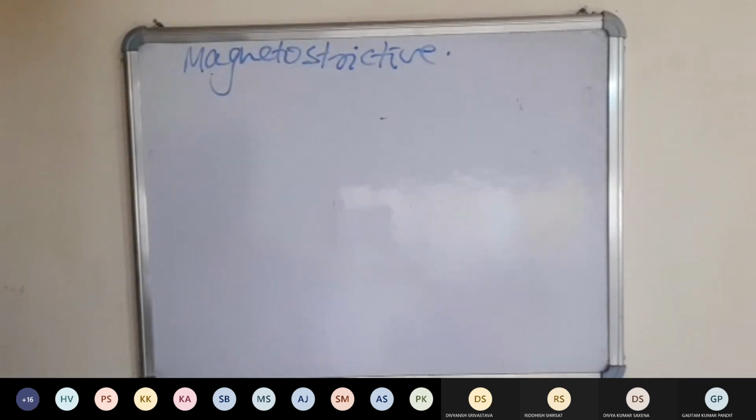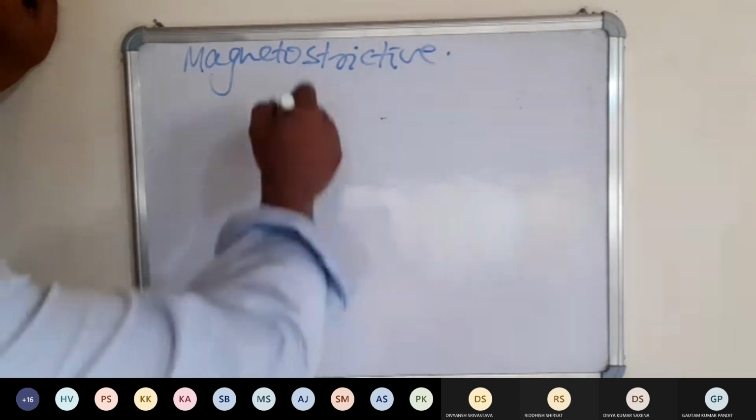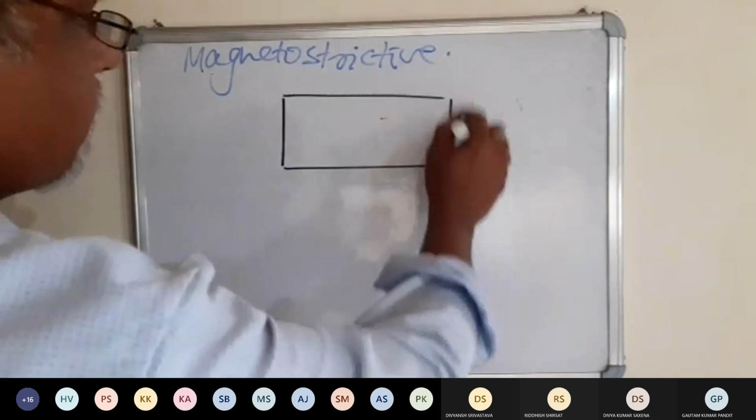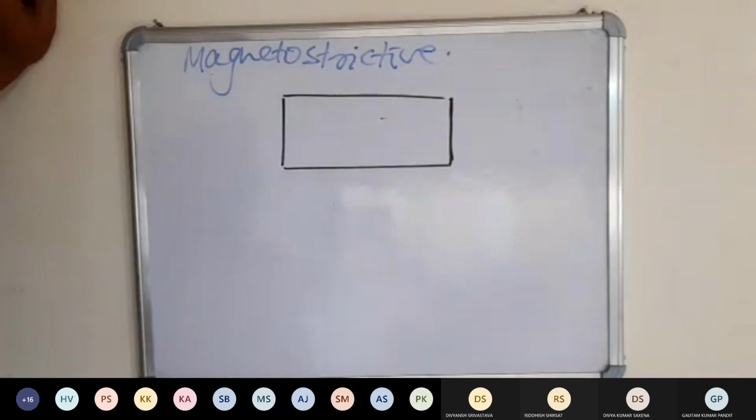In what way? A simple kind of ferromagnetic material, let us say iron or nickel or cobalt. These are magnetic materials or ferromagnetic materials. That means they can be magnetized easy.